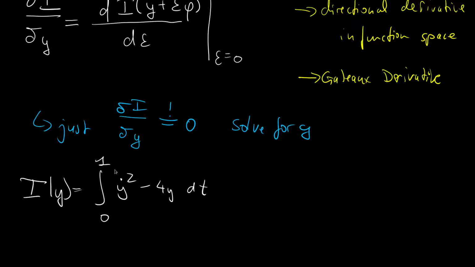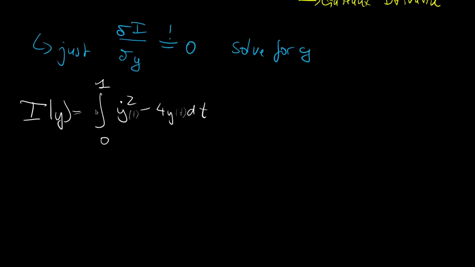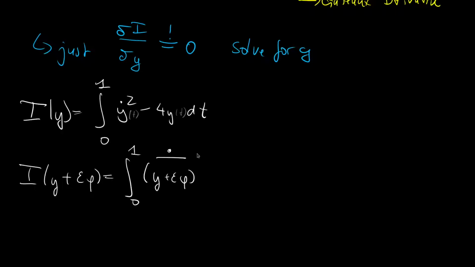Recall y was a function of t, so this integral integrates out the dependency on t. Then let's plug in our augmentation. We let our function vary a little bit alongside another direction, phi. So we have y plus epsilon phi, take the derivative, square it, minus 4 times y plus epsilon phi, and then integrate over t.